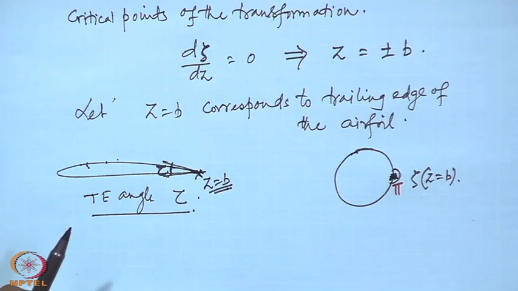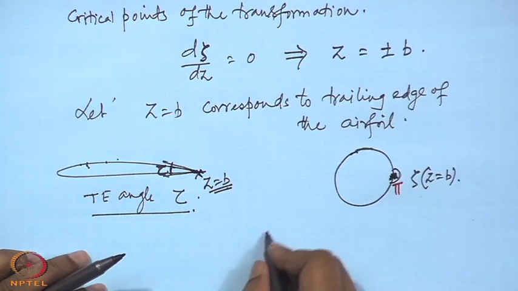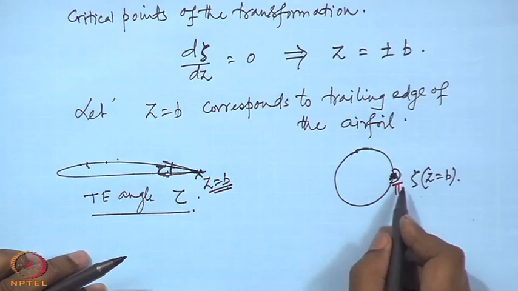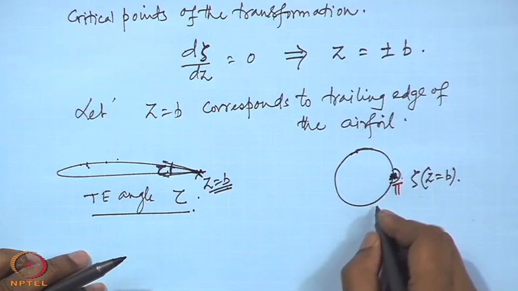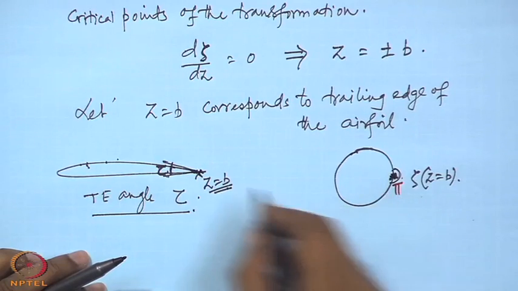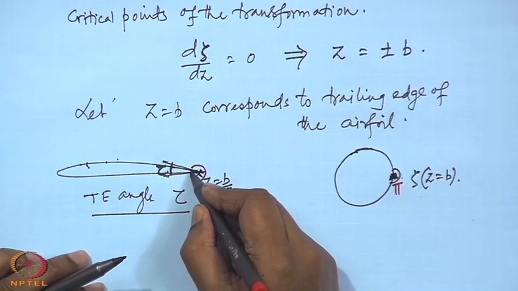Yes, at z equal to plus b. You see the second derivative itself is non-zero. So, let us call this the angle, and this angle becomes this.